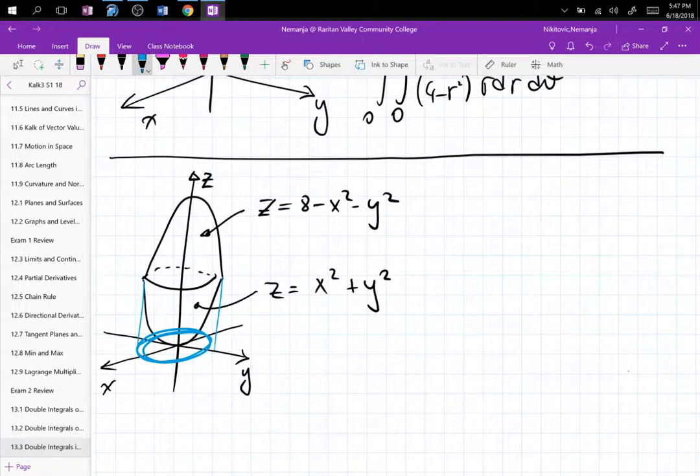Now, how would you find this? No, we can do everything in one shot.